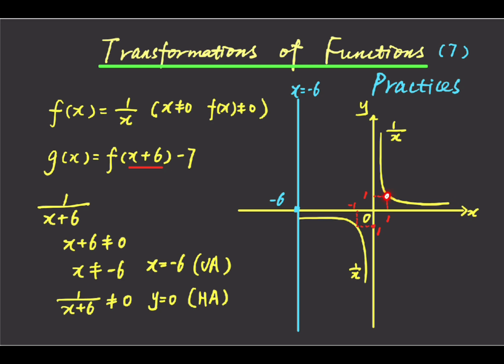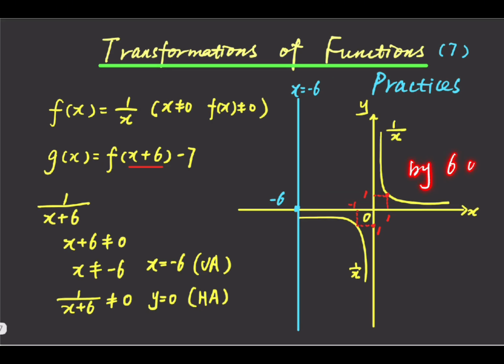Okay, now on the base function, this point should be moved to the left side by 6 units, because here d should be equal to negative 6. That is to say, if you want to keep the y coordinate unchanged, you must move this x coordinate, that is to say x0, to the left side by 6 units.